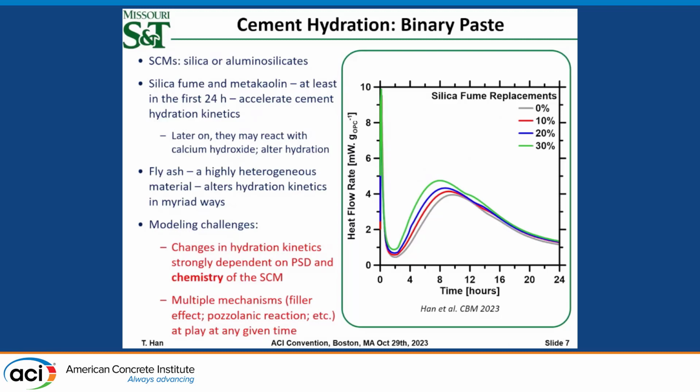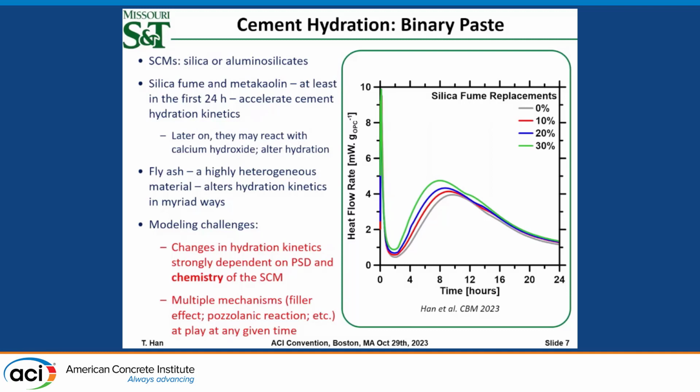The next type of SCM can chemically participate in the hydration reactions, like silica fume or fly ash. For silica fume, the typical example is the pozzolanic reaction. The silica fume dissolves silicate into your pore solution and reacts with free lime to form additional hydrate. And for fly ash, some fly ash has very high sulfur content, so it dissolves a lot of sulfate ions in your pore solution that can significantly retard your hydration reactions.